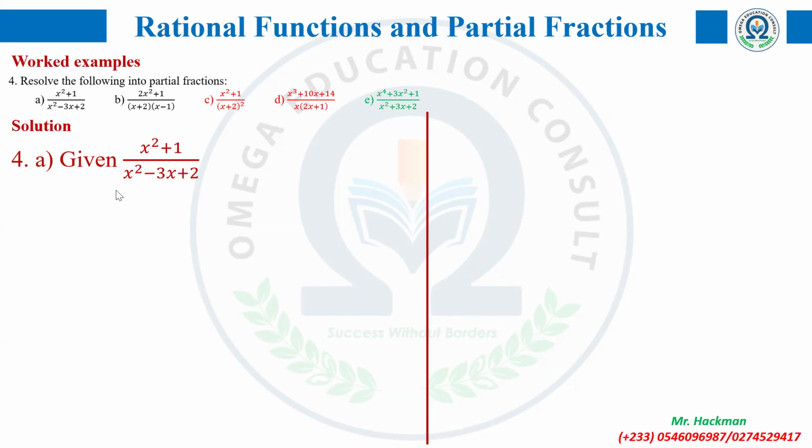At this point, we ask ourselves that vital question: proper or improper? That's the first question. You realize the degree of the numerator is 2, and that of the denominator is 2. So we are dealing with an improper rational function. Remember, you have to write the identity first whenever you are resolving.